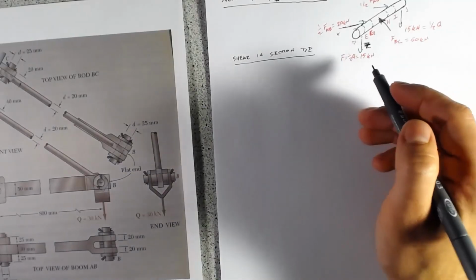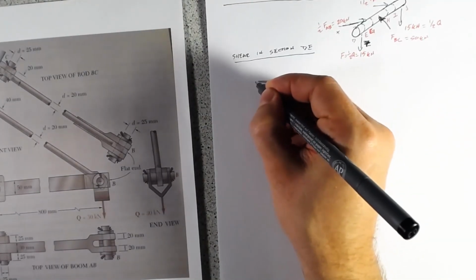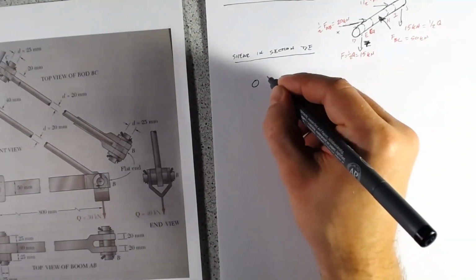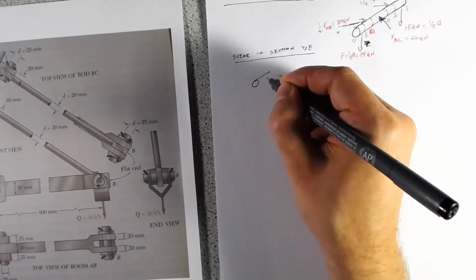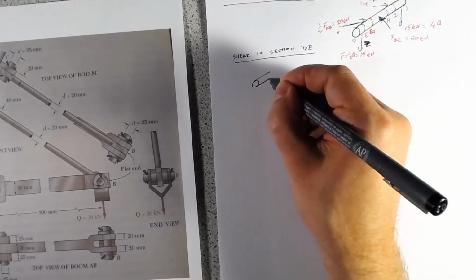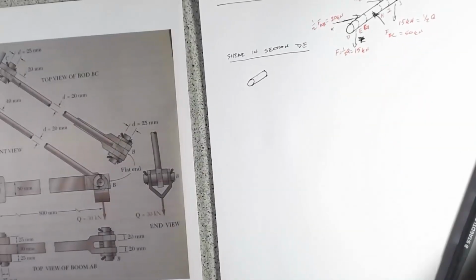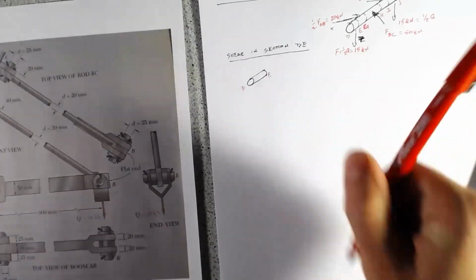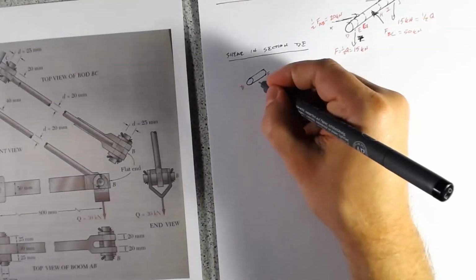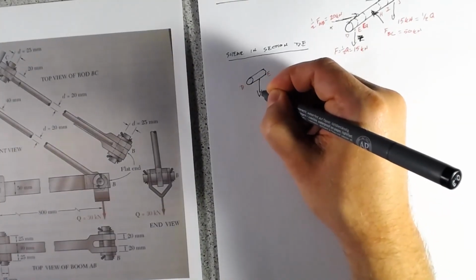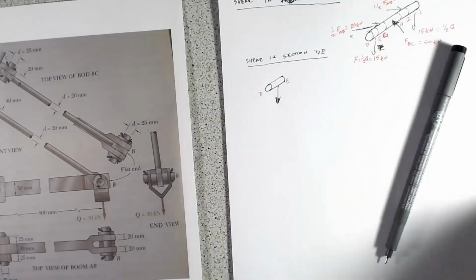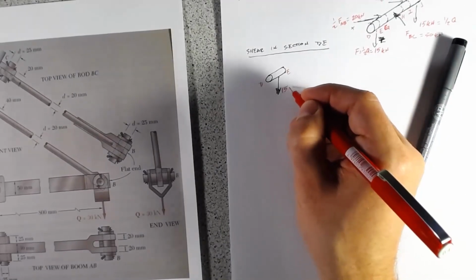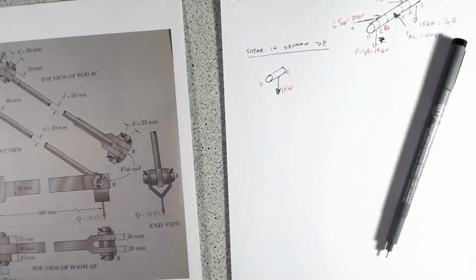We'll redraw it so it's a little clearer. This is D, that's E, and we know we have a force of 15 kilonewtons pointing straight down.